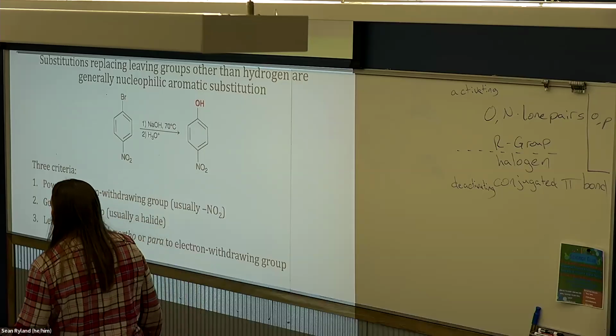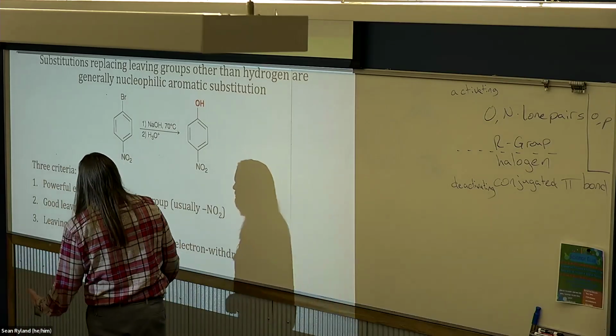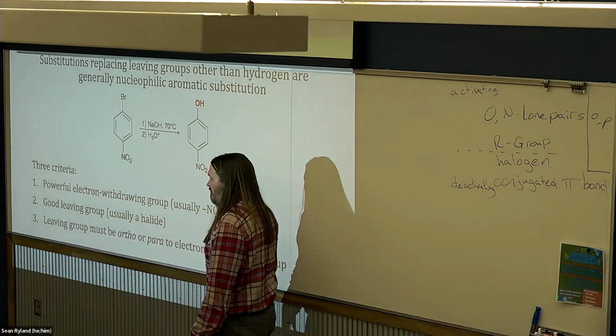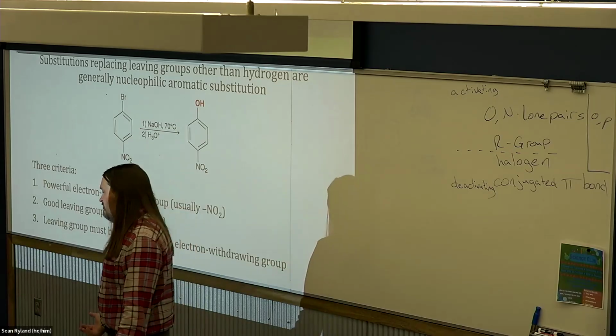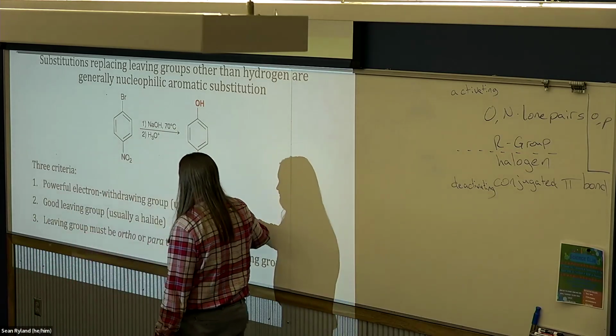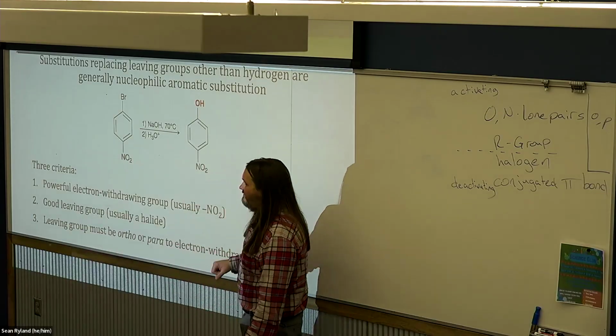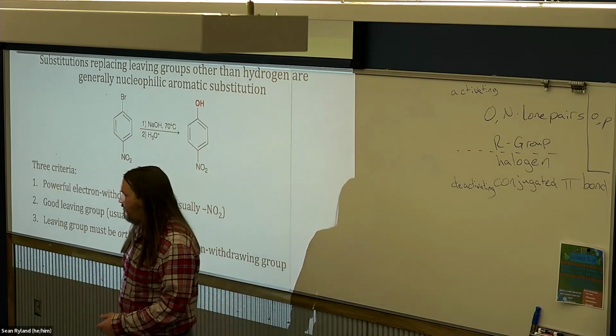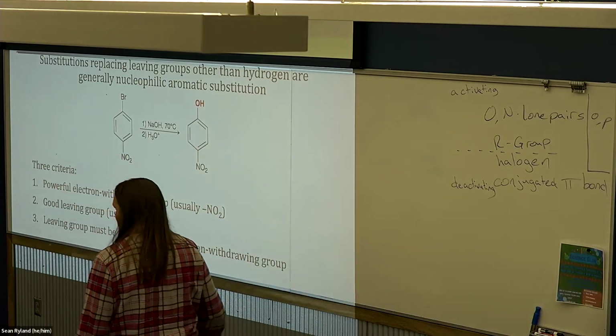Because if it's nucleophilic, we have to give our nucleophile a place to attack. Benzene rings have a lot of electron density around them, which is why electrophilic reactions work. But if we want to do a nucleophilic reaction, we have to have an electron withdrawing group to pull that electron density away and sort of expose the carbons.